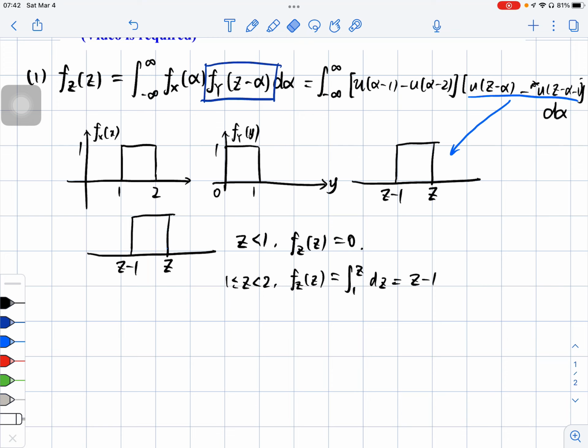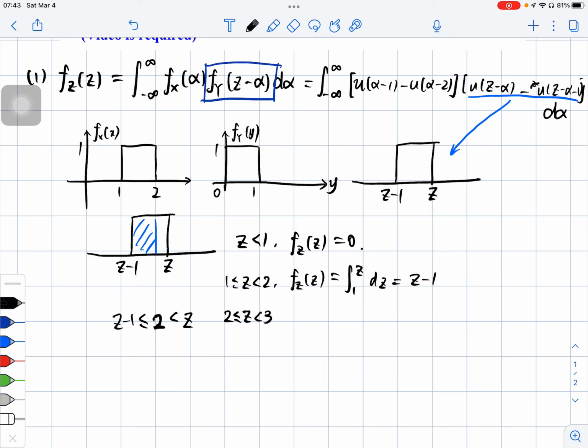Now we want to know this part. So z minus 1 is less than 2, and 2 is less than z, so actually 2 plus z 3.